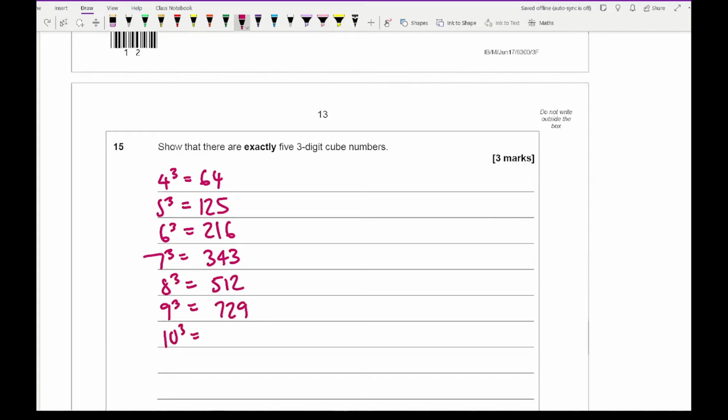And 10 cubed is going to give me an answer of 1000. So as you can see here, we've got 1, 2, 3, 4, 5. So here what we've shown is we've got only 5 3-digit cube numbers.